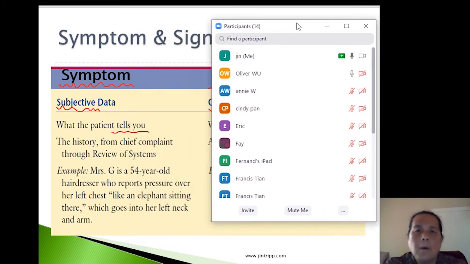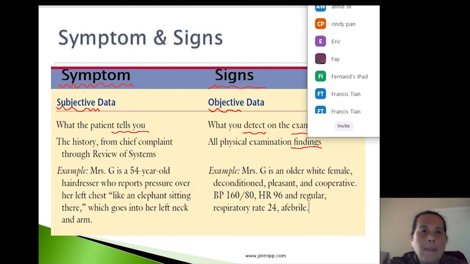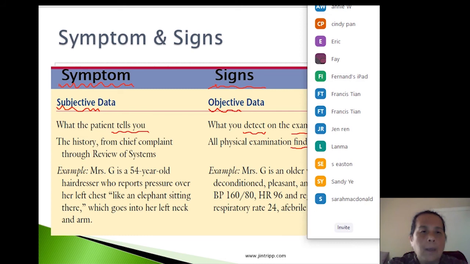Sometimes when you lose the connection and log in again, check your microphone and turn it off. When you connect again, your microphone may be automatically open.